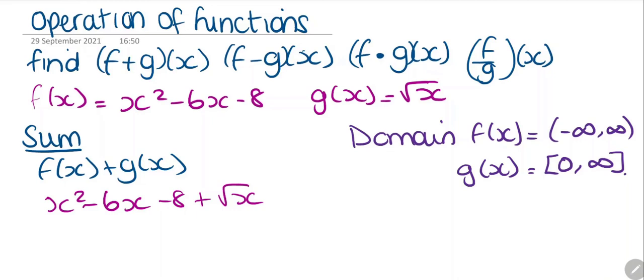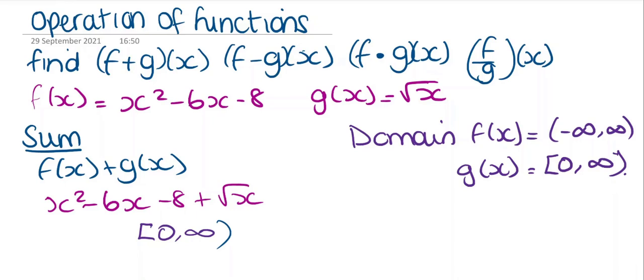So if we look at what is common to both, the domain is going to be 0 to infinity, with a round bracket for that one.